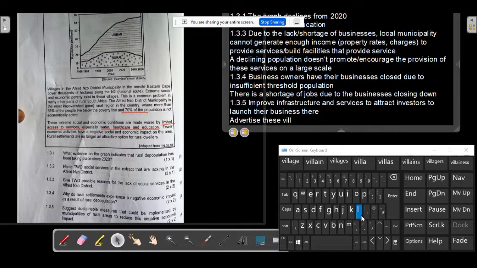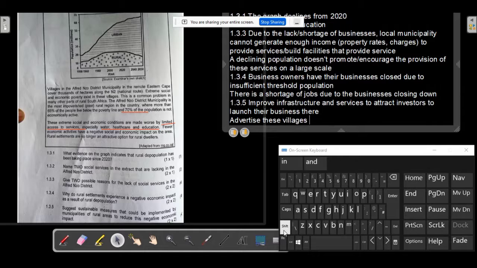The Eastern Cape is really beautiful when it comes to topography, landforms, and the beauty of South Africa. The Eastern Cape is very beautiful, guys.